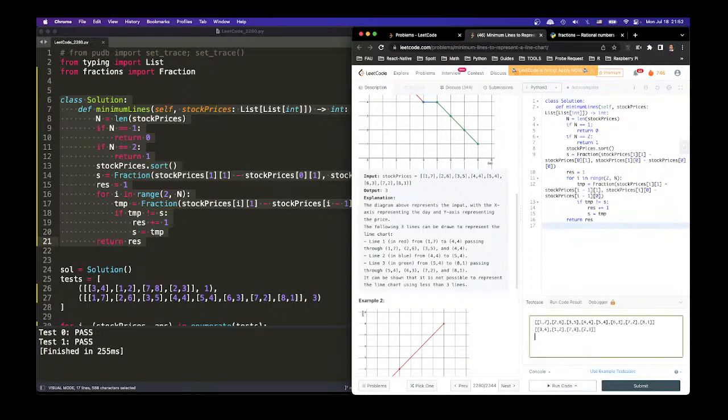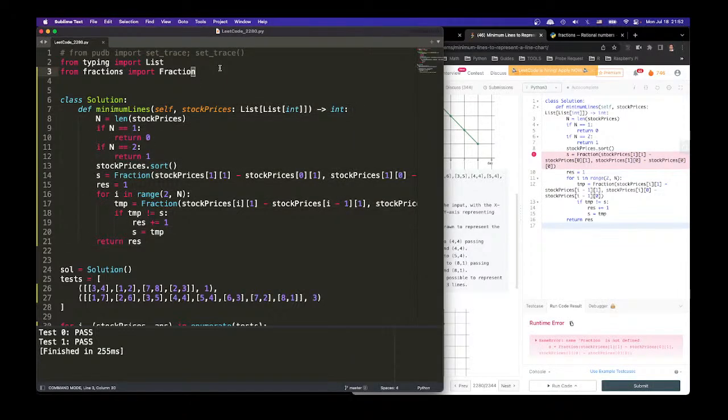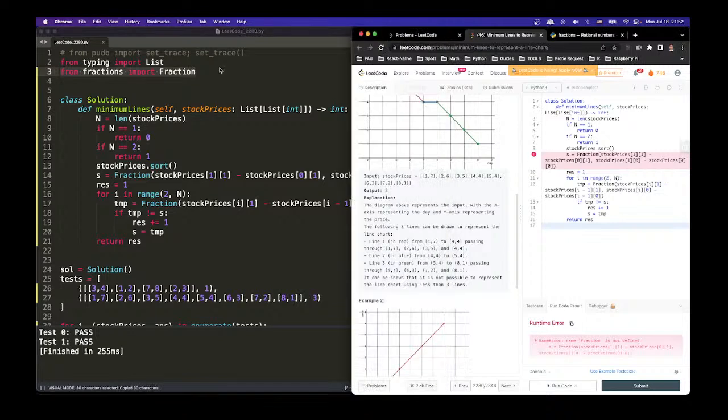I don't know. Just throw something at it. Fraction is not defined. Oh, it didn't import Fraction. Surprise.